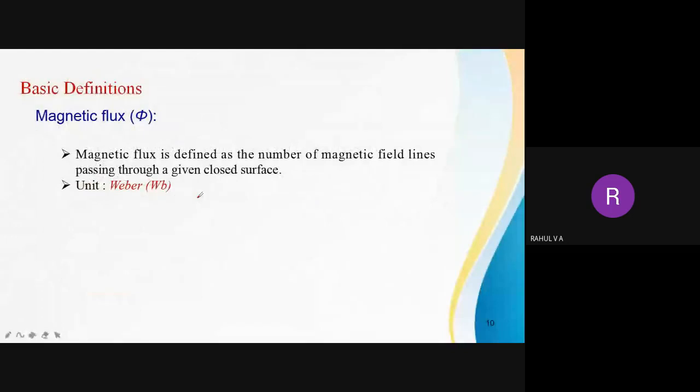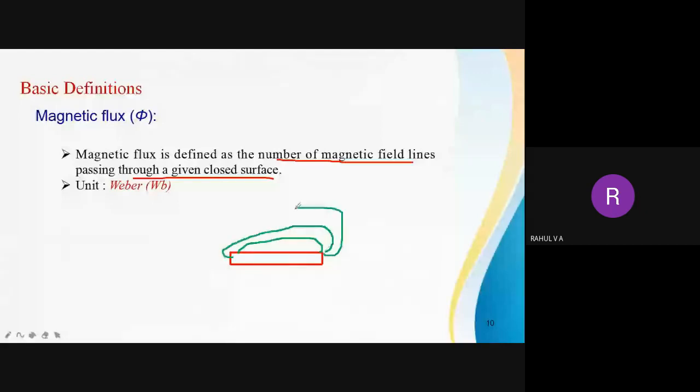Okay, so next is magnetic flux. It is the magnetic lines of force. It is defined as the number of magnetic field lines, that is lines of force, passing through a given closed surface. Suppose this is a magnet and there are flux lines passing like this, on both sides from north pole to south pole.